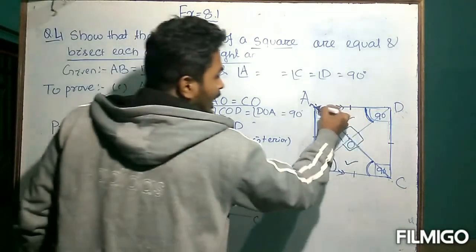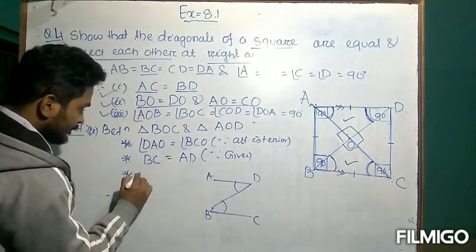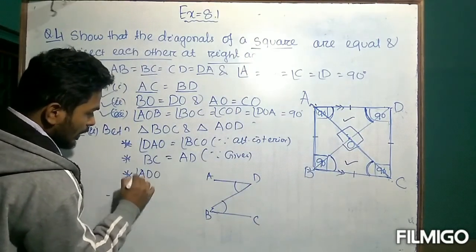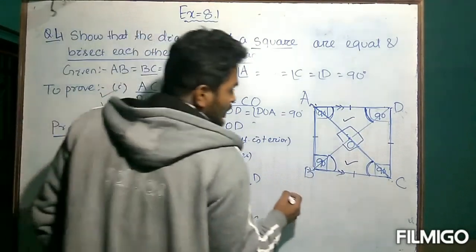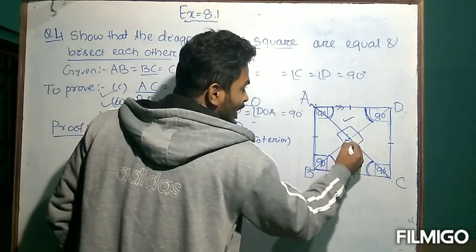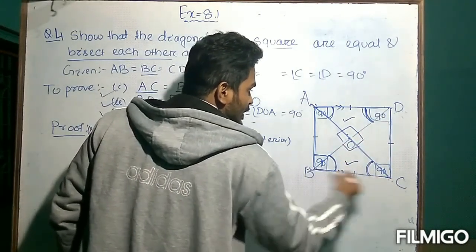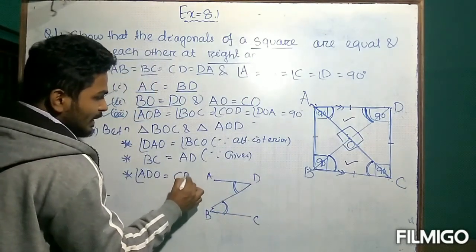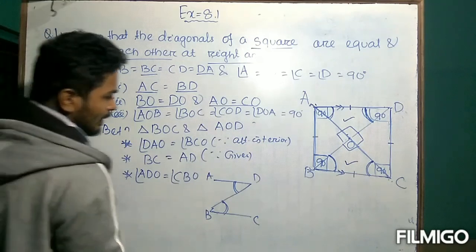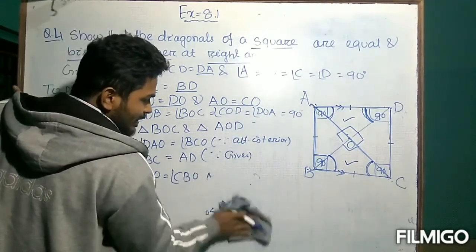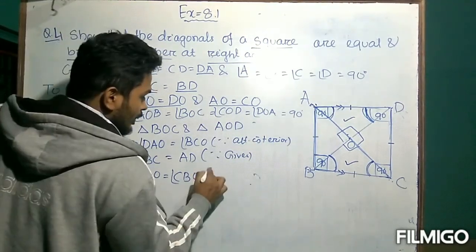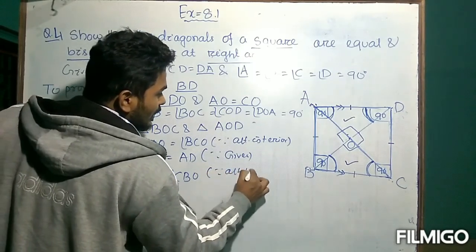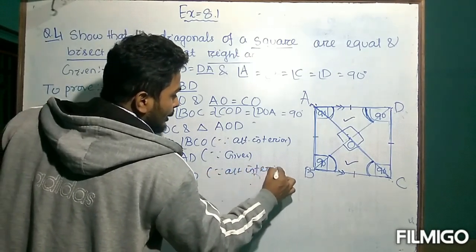So we can write angle ADO is equal to which angle? Angle CBO. This angle is equal to this angle. Why? Because they are alternate interior angles.